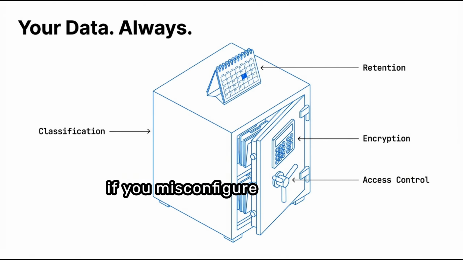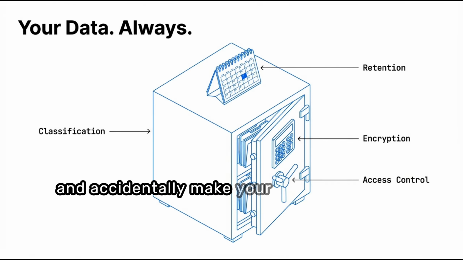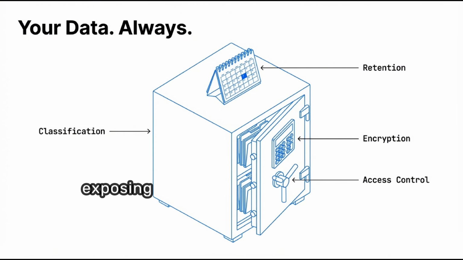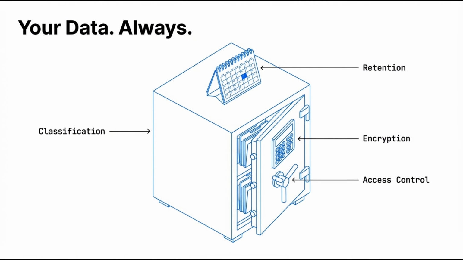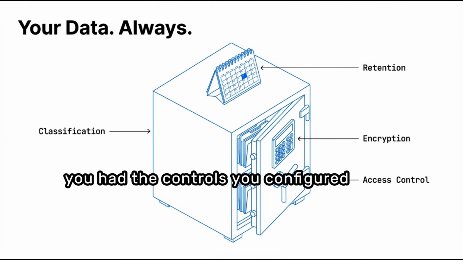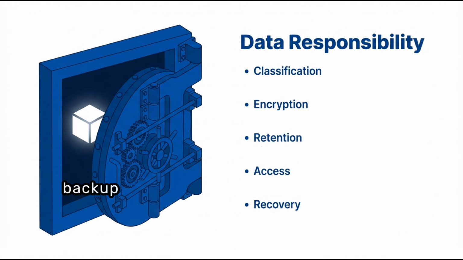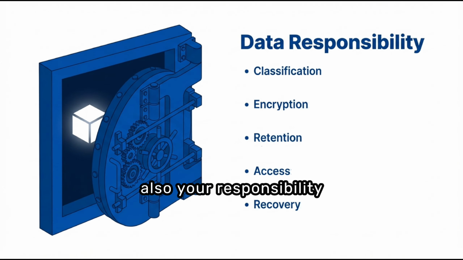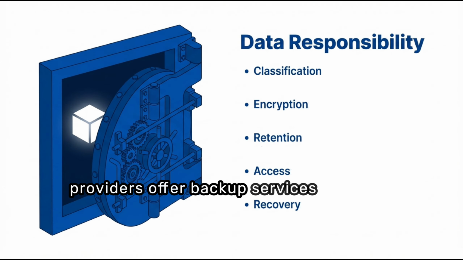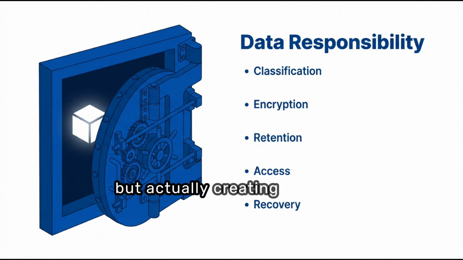If you misconfigure permissions and accidentally make your S3 bucket public, exposing millions of customer records, the provider isn't at fault. You had the controls, you configured them incorrectly. Backup and disaster recovery for your data, also your responsibility. Providers offer backup services and tools, but actually creating backups, testing restores, and having a recovery plan, that's on you.